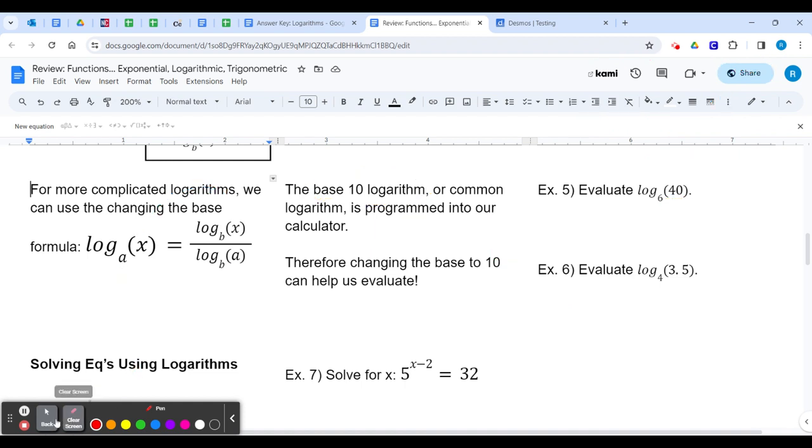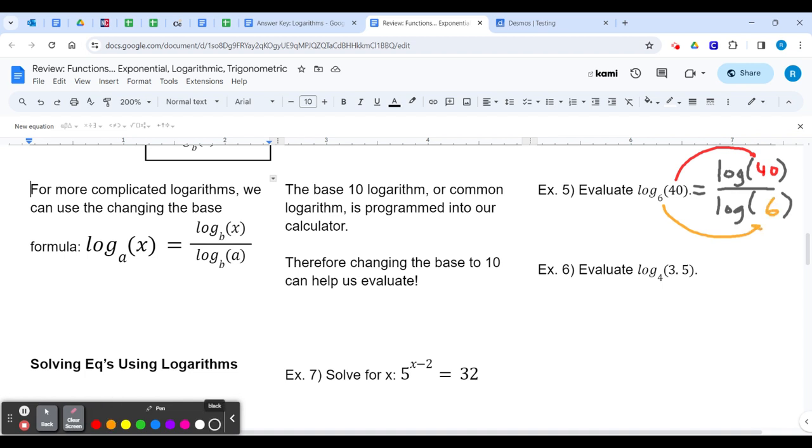So instead, I can use this change of base formula and rewrite my problem as a division problem. So it equals a new one with log base 10. I'm not even going to write the base in, over log base 10, and I don't need to because it's that common logarithm. And that 40 slides up top, that 6 slides on the bottom.